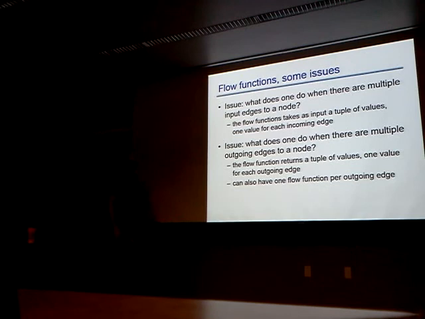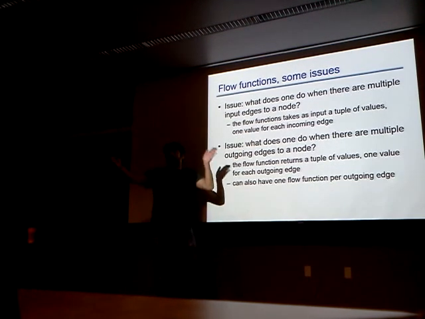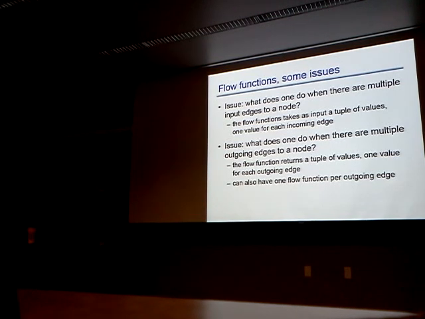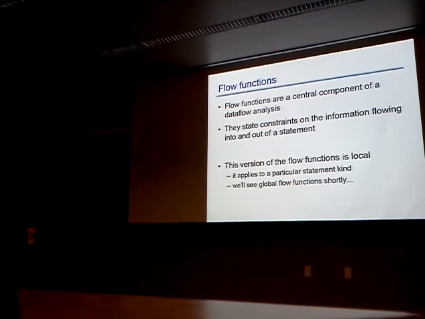One way is that a flow function can take two flow values as input, one for each incoming edge, and for the outgoing edges, it can return either two flow values, or you can have one flow function per outgoing edge. There are other ways of doing this as well, and we'll talk about this a little later. Okay. Questions on flow functions?